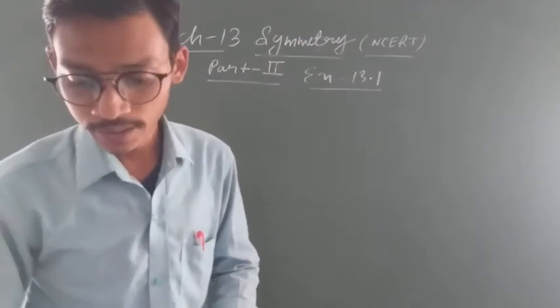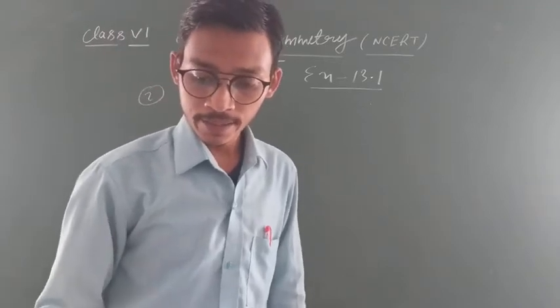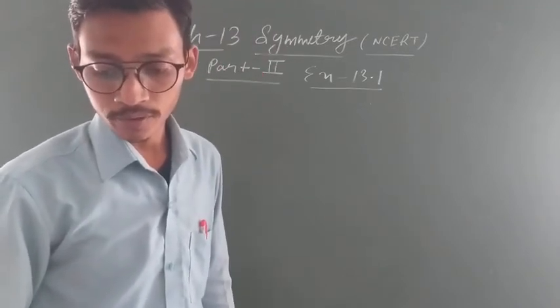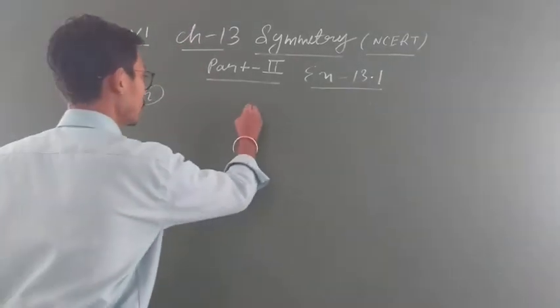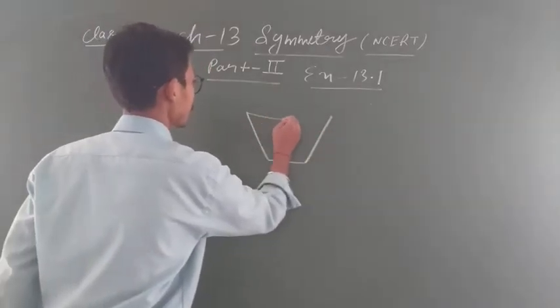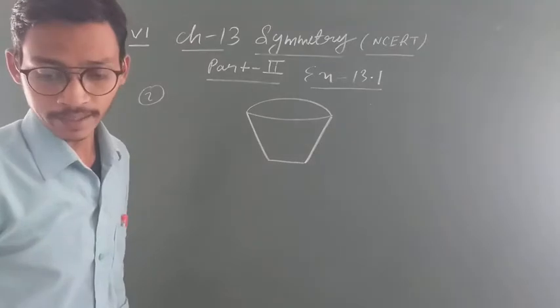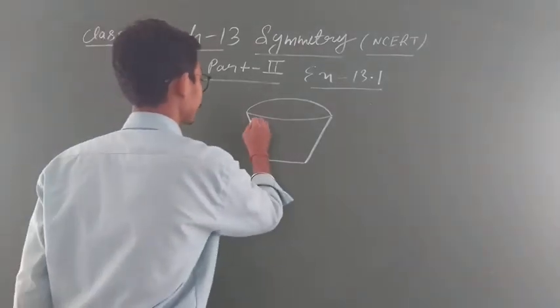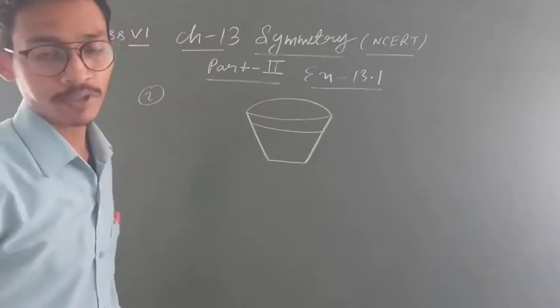The next question: some diagrams are given. Identify the shapes given below. Check whether they are symmetrical or not. Now I will show only one diagram. Look, this type of example I explained in the previous video. This is your diagram. Now you have to find out whether you can draw the line of symmetry or not.